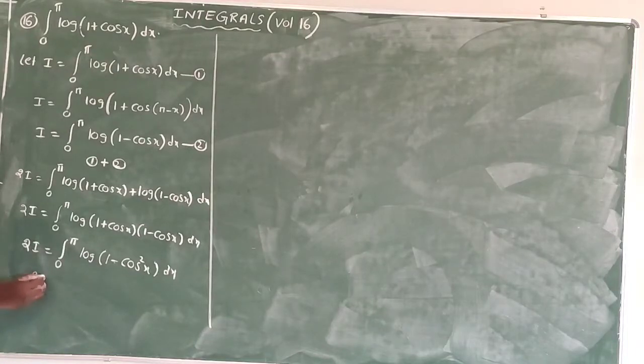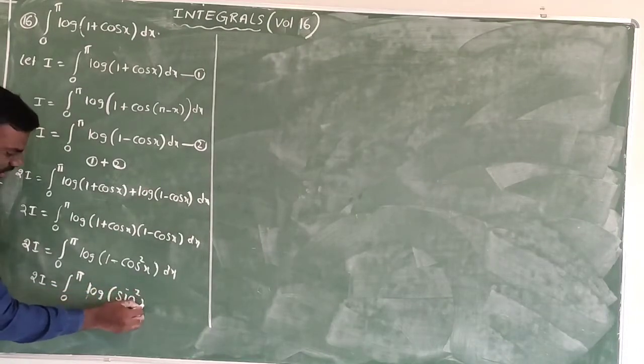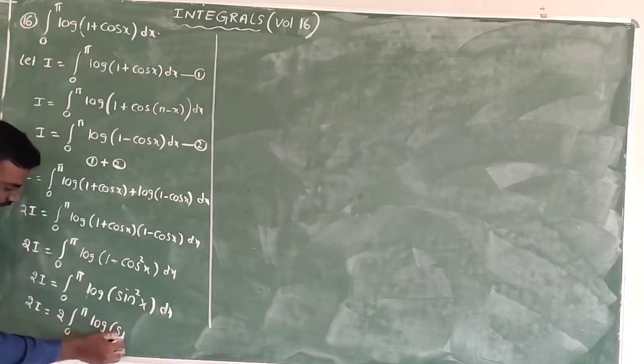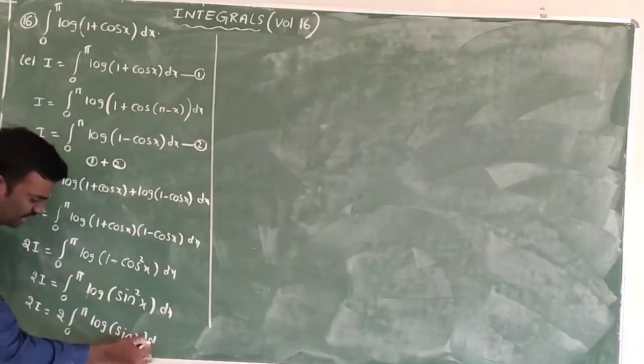Then 2I equals the integral from 0 to pi of log sin square x dx. In logarithms, the value which is present in the power comes first. Then 2I is equal to 2 times the integral from 0 to pi of log sin x dx.